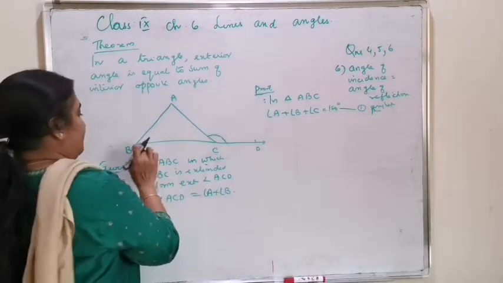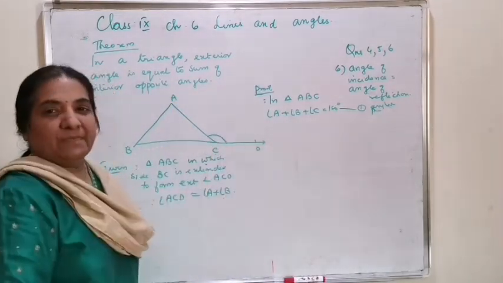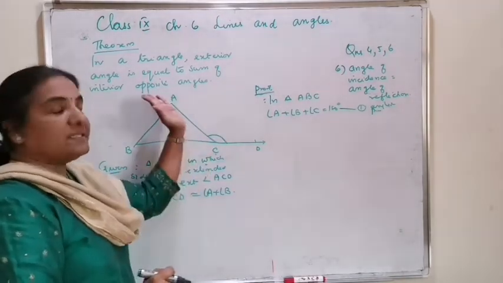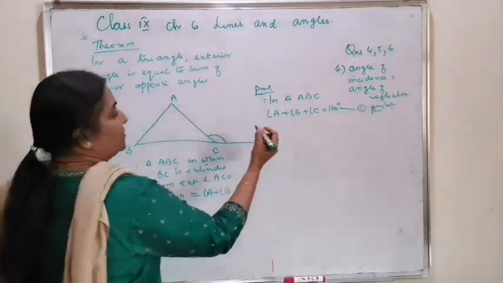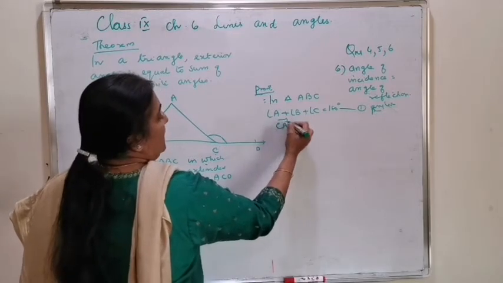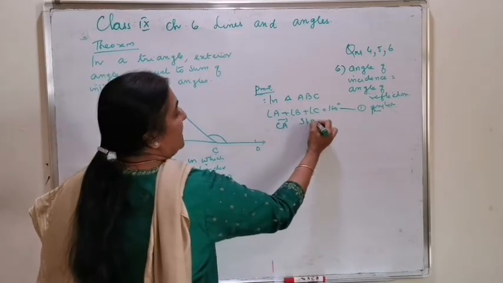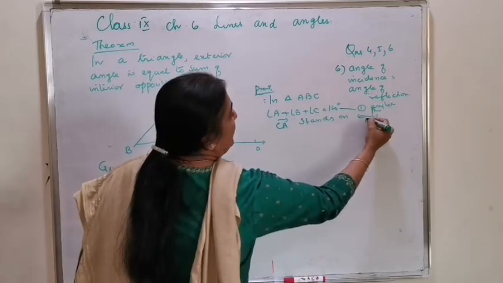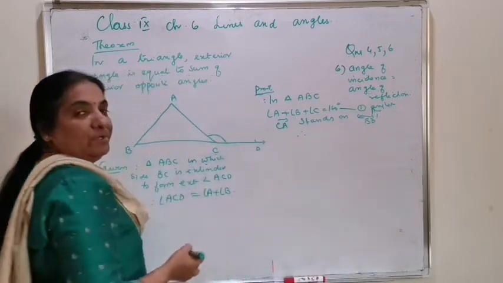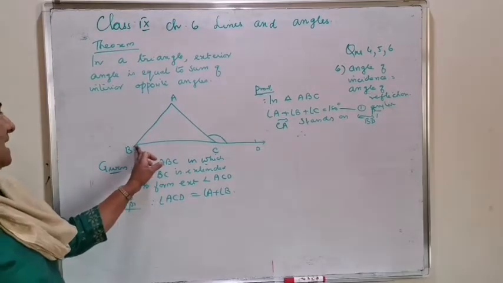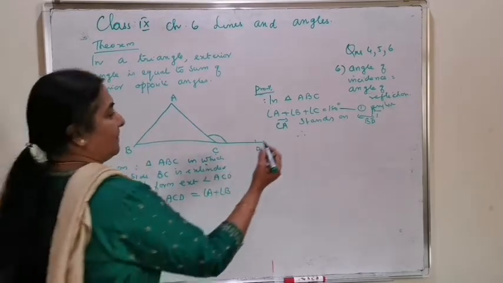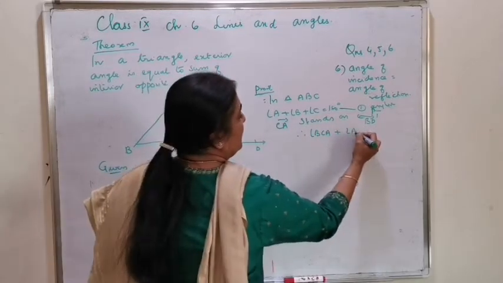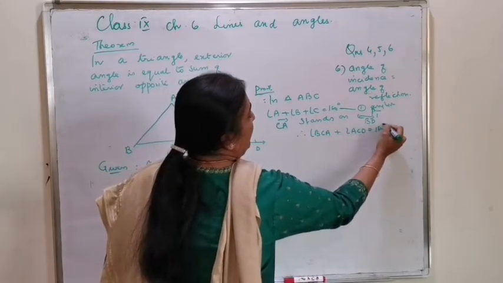What about line BD? It is a line and CA is a ray. You can also present like ray CA or side CA stands on line BD. Therefore, you can apply linear pair axiom as angle BCA plus angle ACD is equal to 180 degree.